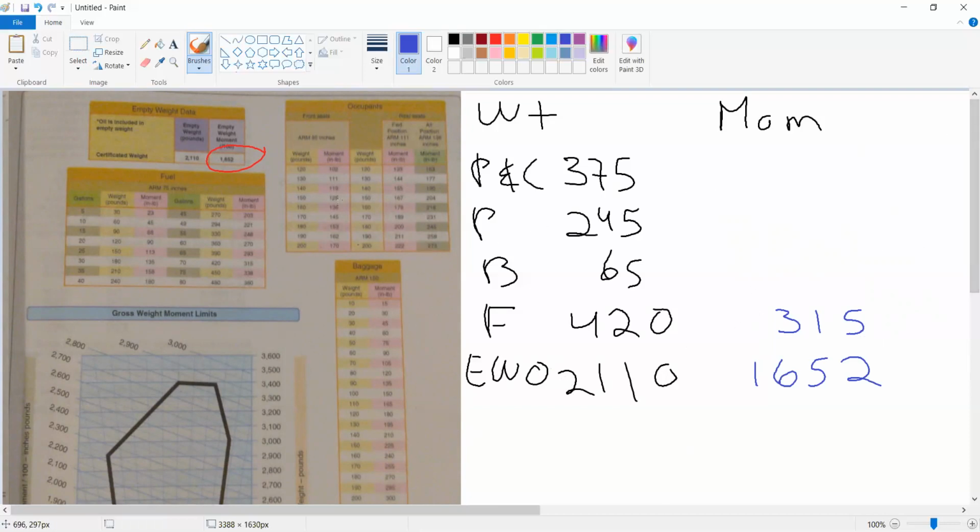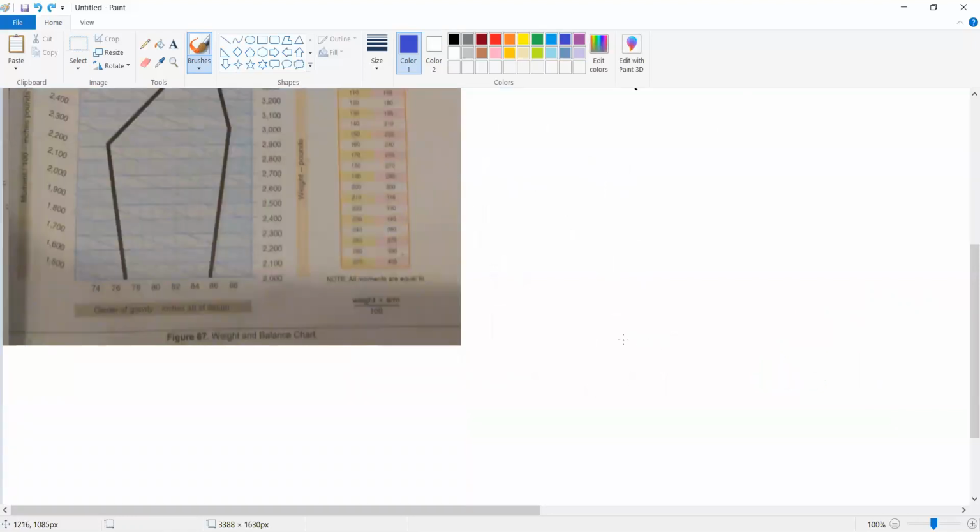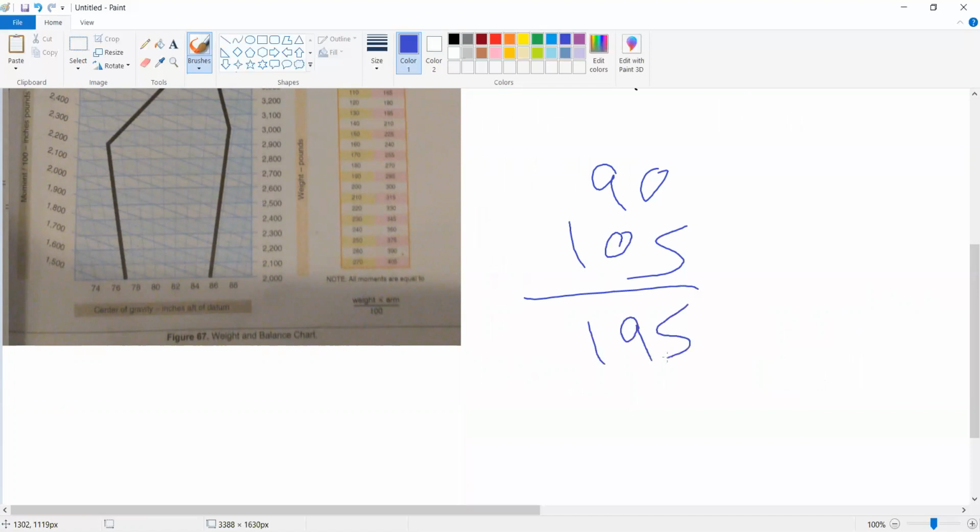Looking at this, we have a problem because we have to do an interpolation here. Between 60 and 70 is 65 straight on, so we have to look for a number between 90 and 105. So we have to do some math. 90 plus 105 gives us 195, and we have to divide that by 2.